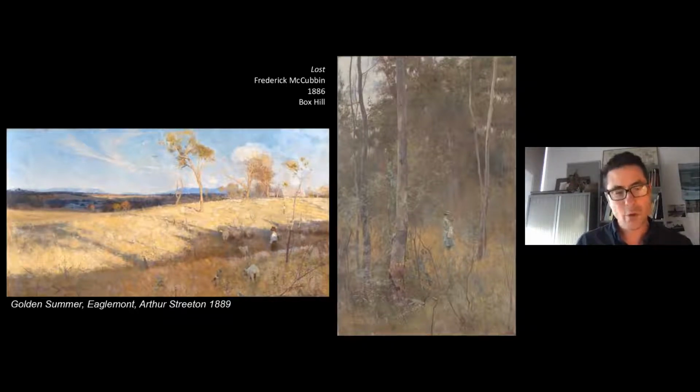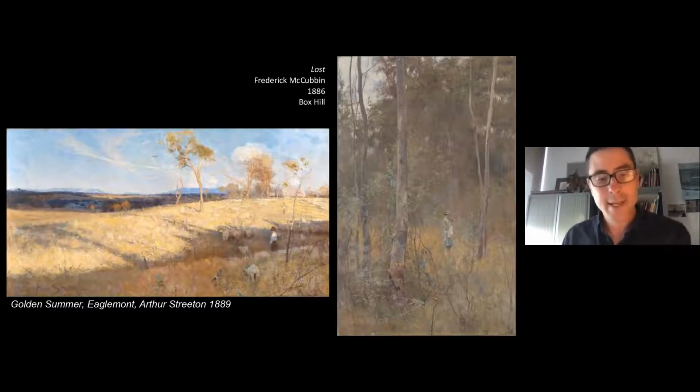And this is Eaglemont, which is now quite a built-up suburb in Melbourne, but that's how it was in 1889. A lot of those species are there in the paintings, even if they're only represented with a few brush strokes, but you can clearly see them, and they're not there anymore. Also in this painting, Lost by Frederick McCubbin, this is at Box Hill, which is, of course, a major shopping centre, a very built up part of Melbourne now. But that's what it was like then.